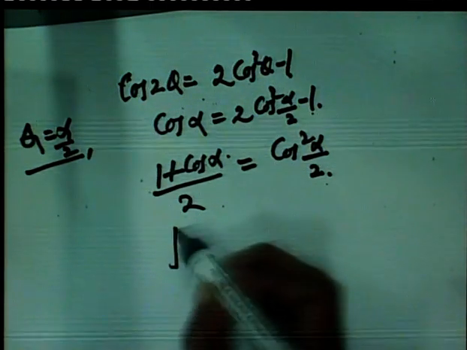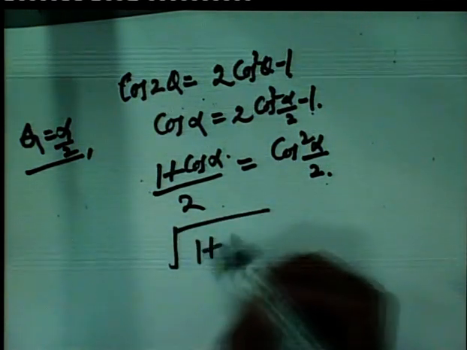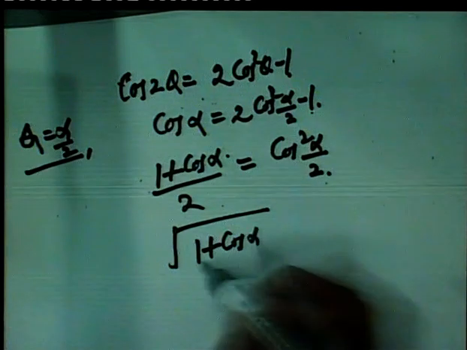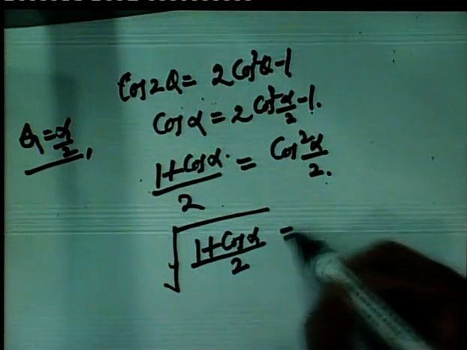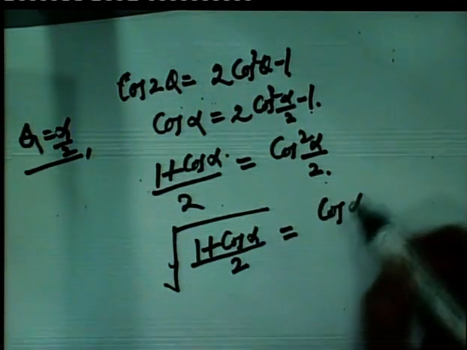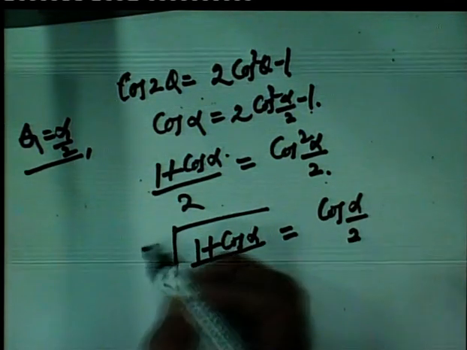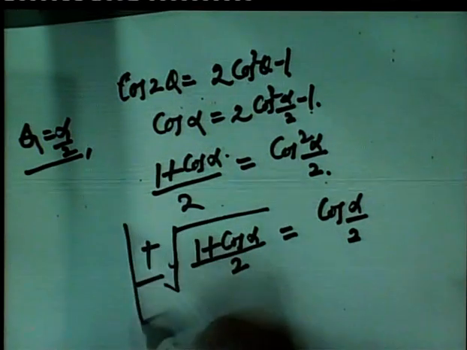So you take the square root, 1 plus cos alpha by 2, this is equal to cos alpha by 2, and that is your plus minus.